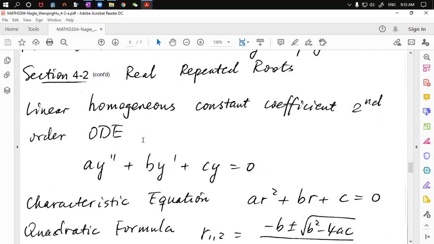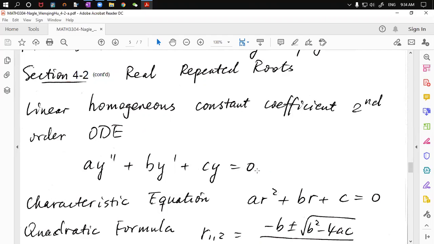Let's first review what we have been doing so far. What we have been doing is solving a linear, homogeneous, constant coefficient second order ordinary differential equation, that is, ay double prime plus by prime plus cy is equal to 0.